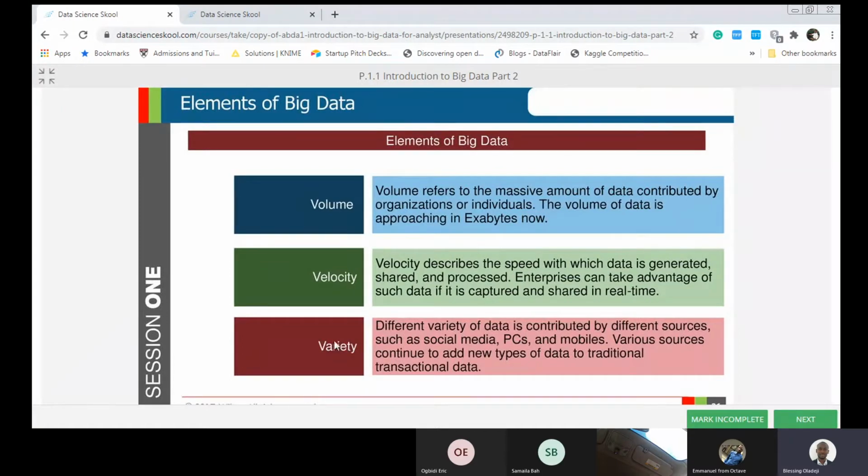Then lastly is the variety. I gave you examples of varieties of data sets that you can find within an enterprise. If you come to a bank, for instance, data is generated on the ATM terminal, on the internet banking platform, on the mobile banking platform. Over the counter, people that walk into the banking branch generate data.